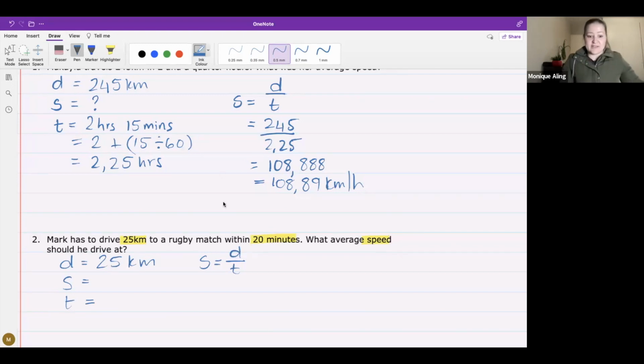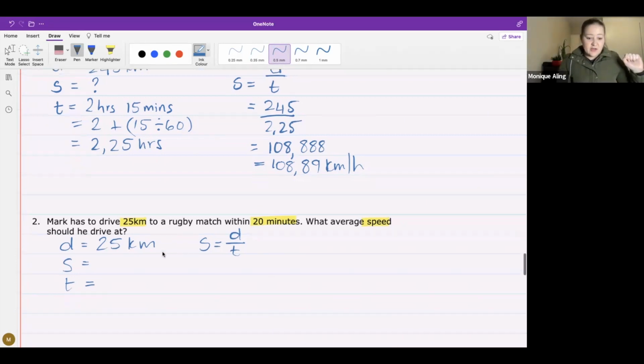Okay, let's see those answers. Just a reminder to try and keep as many decimal places as possible. So with our time, 20 minutes divided by 60 gives you 0.33, at least 5 decimal places.